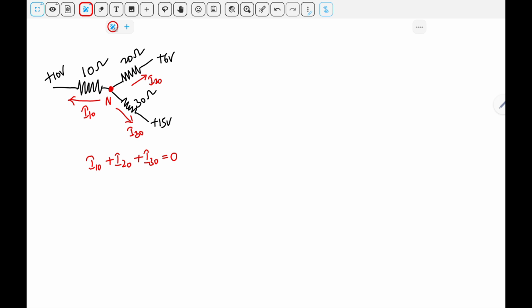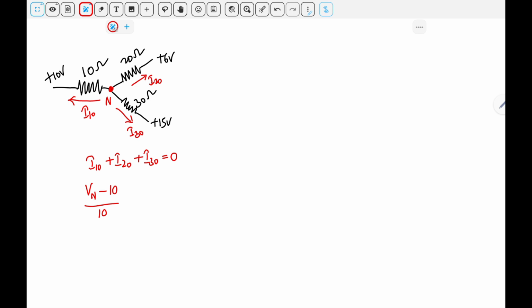So basically current is the potential difference by resistance. So the potential difference in this particular path where 10 ohm is connected is Vn, the potential at n, minus 10 volt, divided by 10 ohm. So the numerator gives us the potential difference between the node n and the 10 volt source, and the denominator represents the resistance.